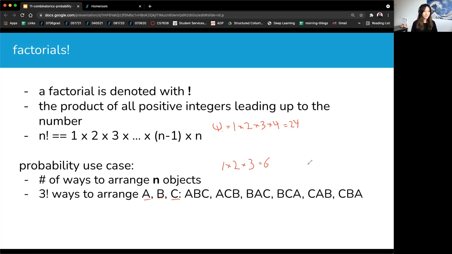Figuring out these arrangements and different numbers of ways you can get these kinds of things is important for calculating some probabilities sometimes. So that's good to know. Number of ways to arrange n objects, that's when you use a factorial. That's something good to remember.